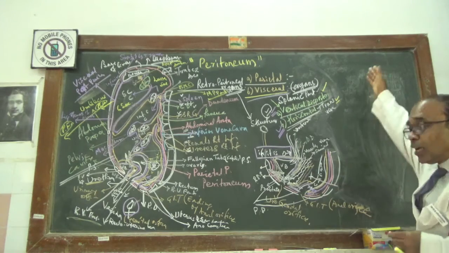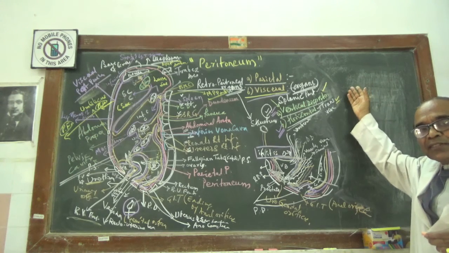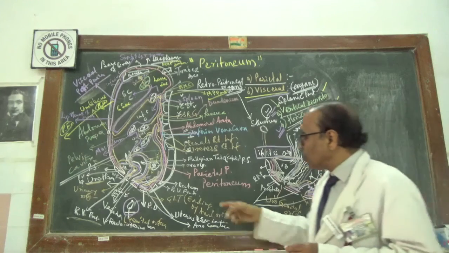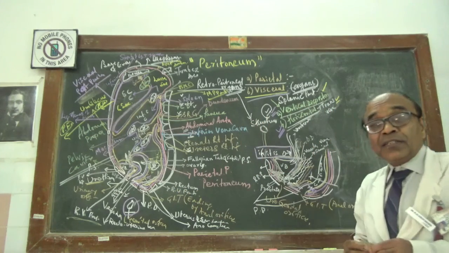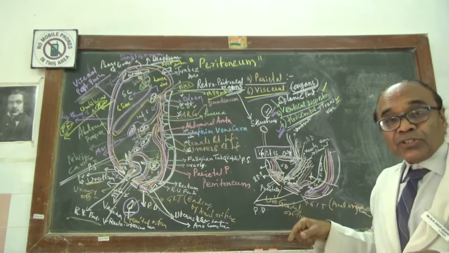Yesterday we had finished the 17th, I hope it is the 17th, pararectal pouch, and then the 18th will be the pouch of Douglas, or the retrouterine pouch or uterorectal pouch.